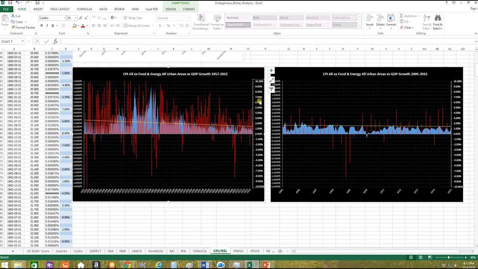And then on the right-hand side, we have real GDP quarterly on an annualized basis, and that's in red. We also have our line of best fit, or basically our normal situation, which is our mean, our average across the entire data set for CPI fit to corresponding levels of GDP.